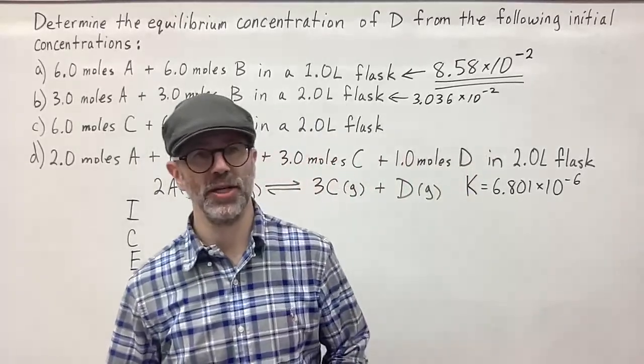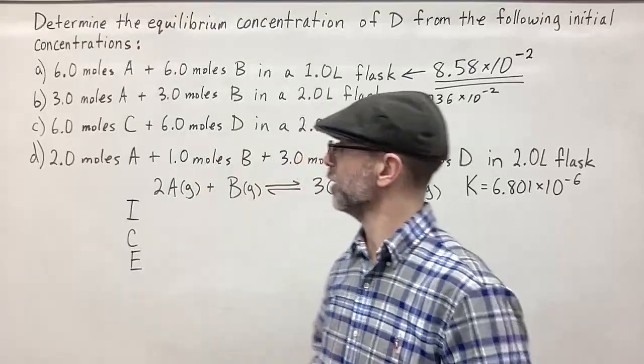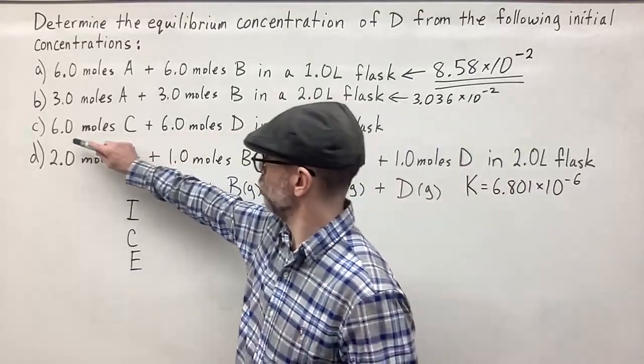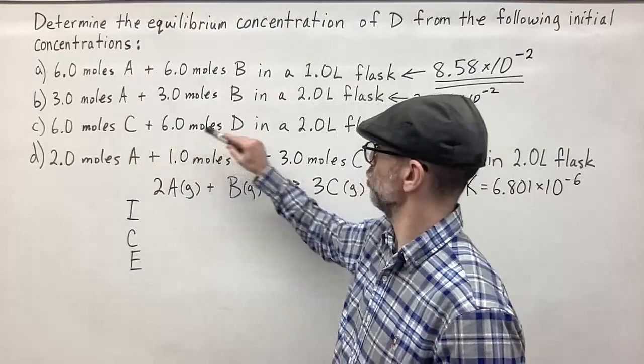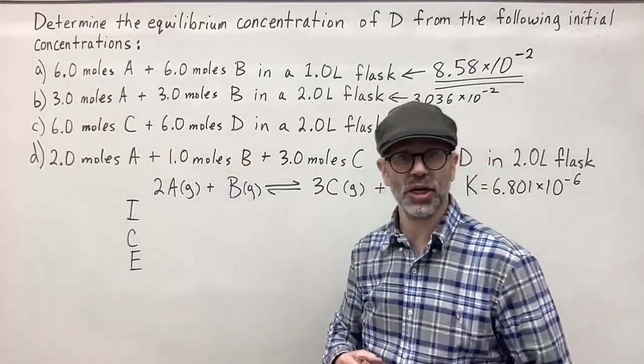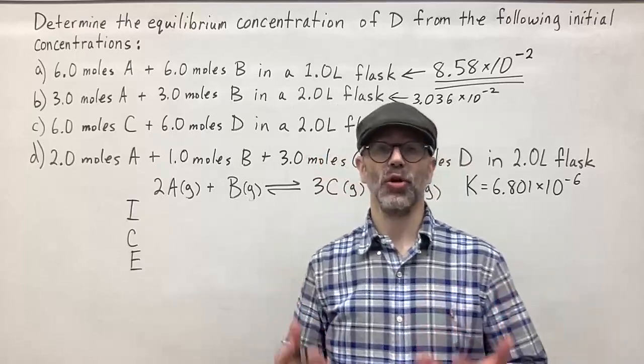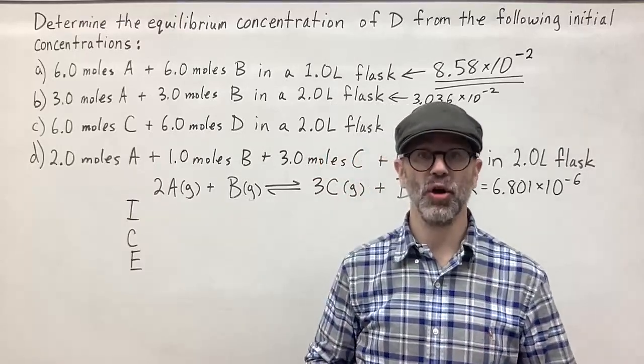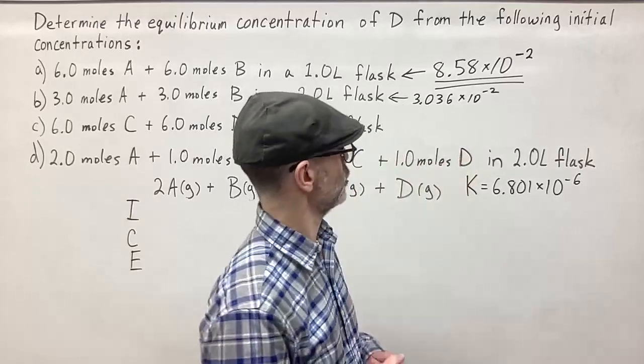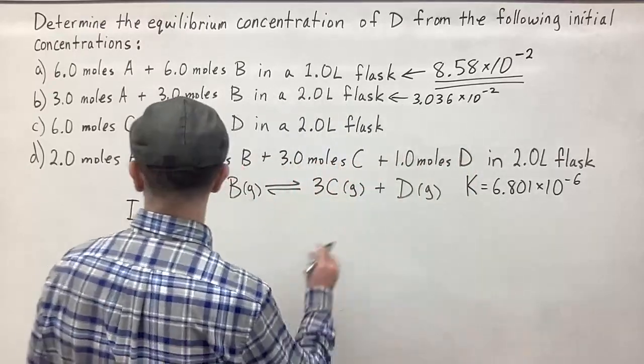Okay, let's do part C. So we're given 6 moles of C and 6 moles of D in a 2-liter flask. So let's calculate the concentration of those. That'll be the initial concentrations. So I'll use this space here.